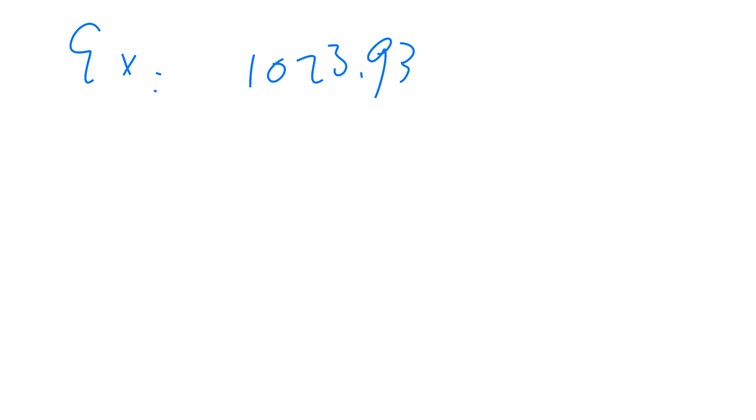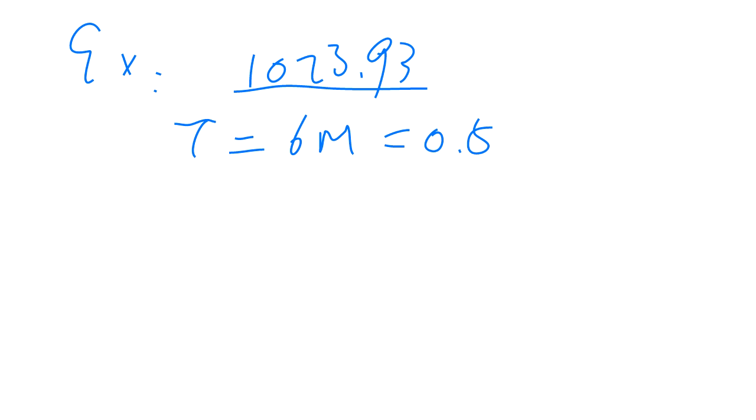So I'm just saying an index that is 1023.93 today. If you're going to have a futures contract on it for the following 6 months, or equivalent to half of a year, and the interest rate right now is about 4%, and the dividend yield is 1.2%, then what do you have?